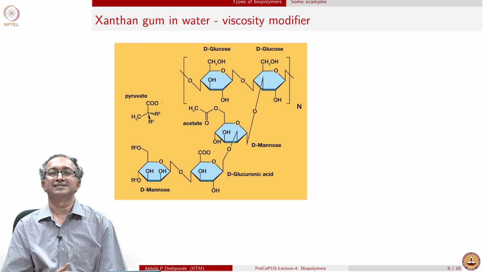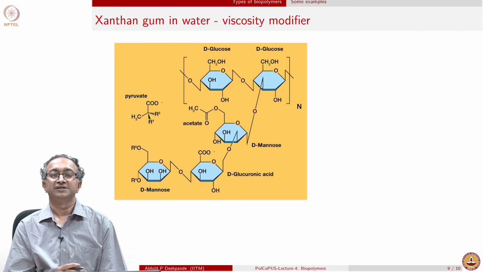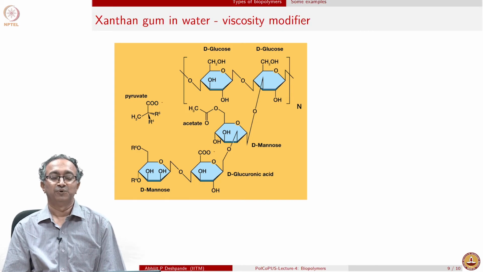Just look at this diagram for the details. Okay. Look at the complexity of a biopolymer. What are the features that you can observe? Since the first lecture we have talked about a variety of concepts. We have talked about backbone, we have talked about side group, we have talked about branching, we have talked about polyelectrolyte, we have talked about interactions between macromolecules, we have talked about degree of polymerization.